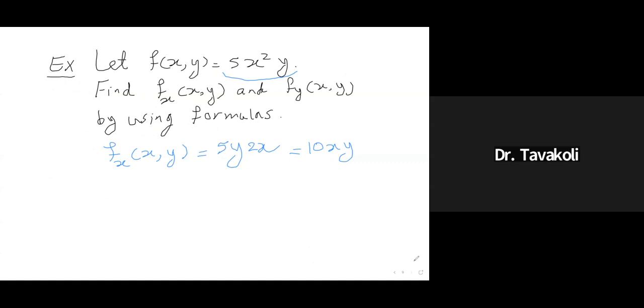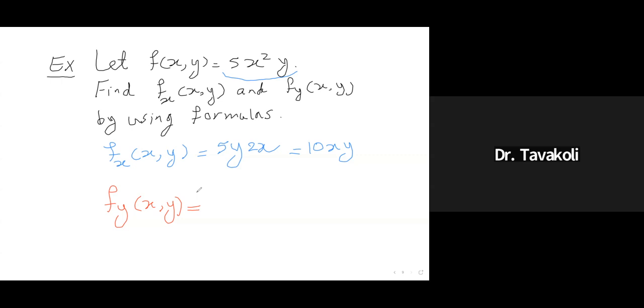So in differentiating with respect to x, I deal with y as if y is a constant and find the derivative. So this is the way that we'll use to find the partial derivatives. Let me, for this example, also find the partial derivative with respect to y. For this partial derivative, which is with respect to y, I assume x is a constant and y is the variable.